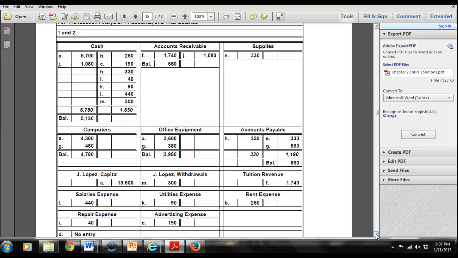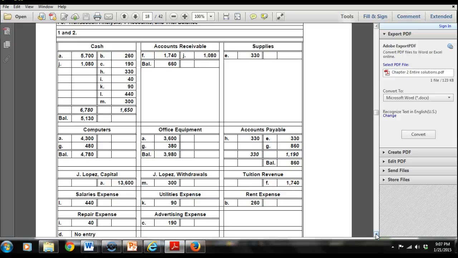Your credits should be B of 260, C of 190, H of 330, I of 40, K of 90, L of 440, and M of 300 for a total of 1,650. The balance should be a debit balance of 5,130. You guys have that? Okay.